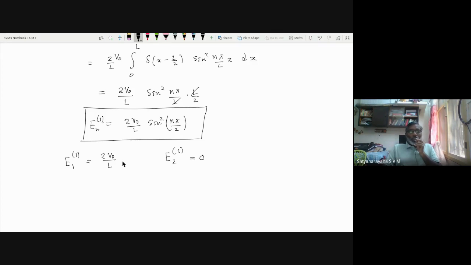If you take n equal to 3, that is E3 of 1, this will become 3 pi by 2.